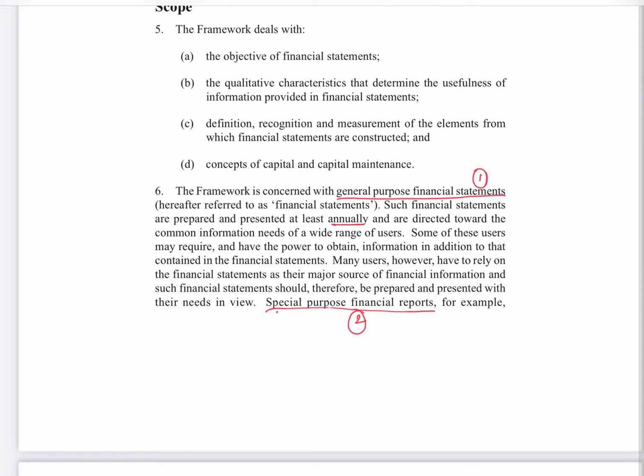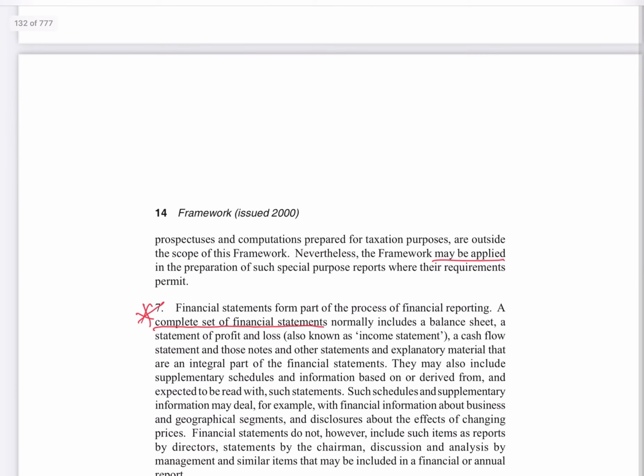These standards don't cover special purpose financial reports which are specifically prepared for any taxation purpose, or for any other purpose, like if you are doing IPOs, then for that purpose. Okay, so these are general purpose financial statements.